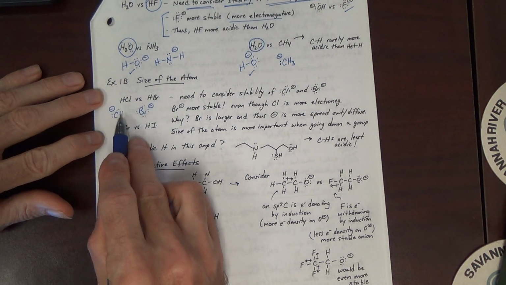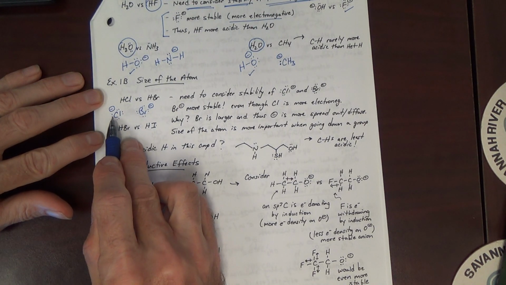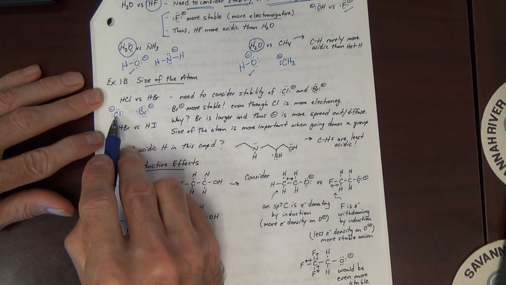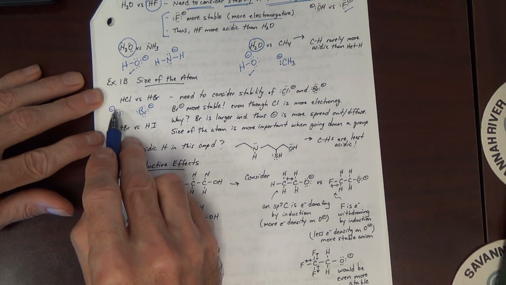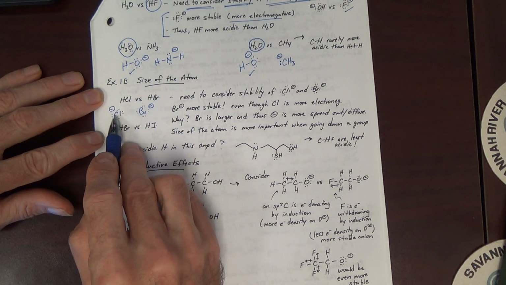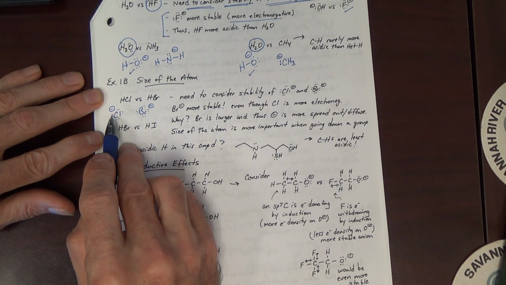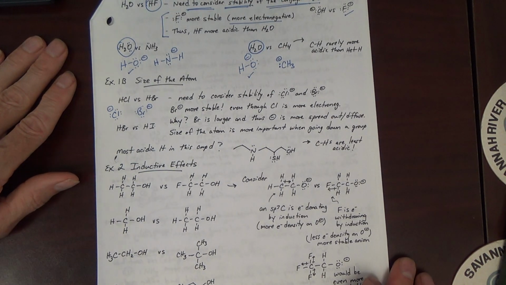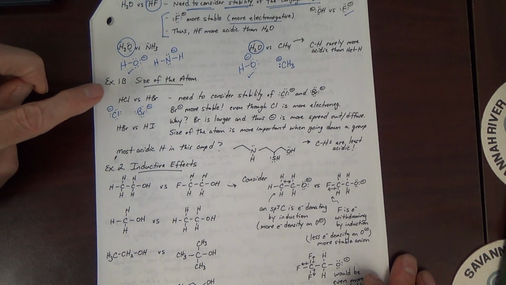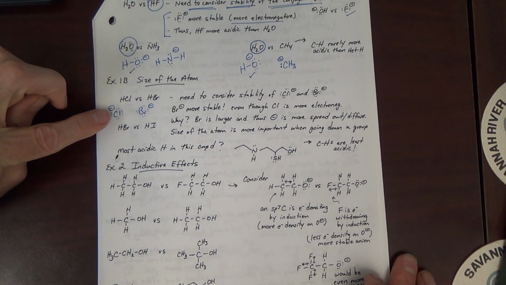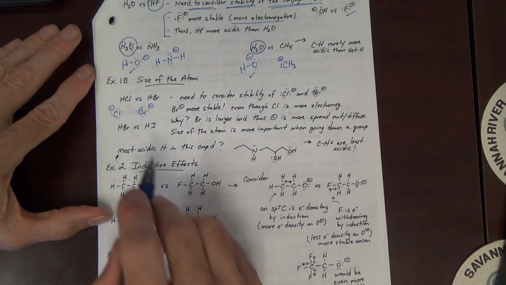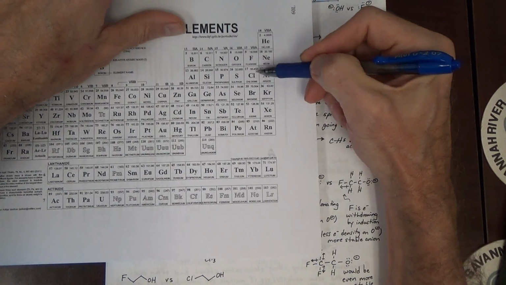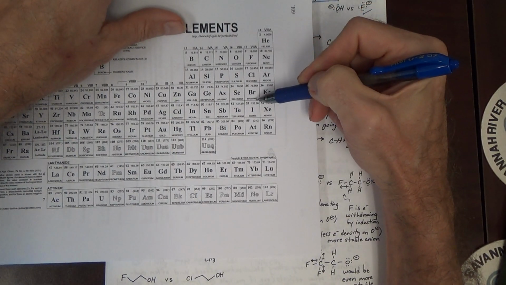Now, chlorine is actually more electronegative because it's above bromine in the periodic table. And you might think that that would make it more stable because thus chlorine likes being minus more. That's a reasonable argument, but it's actually wrong here. Here, size is more important. And the bromine is larger, okay? Because it's further down in the periodic table.